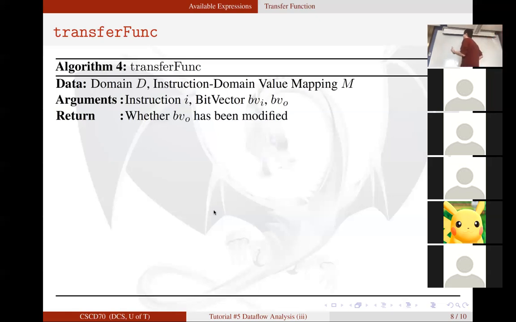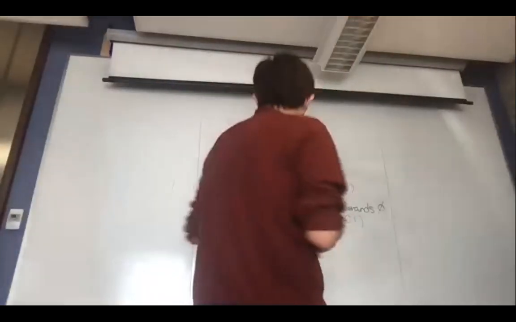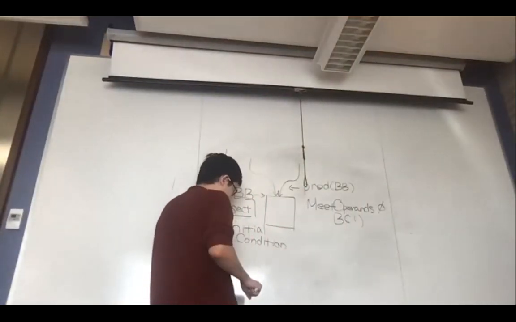Again, as we have described, in a bit vector, each bit is used to denote whether an expression is available at a certain point. So how should we go and implement this method? Let me return back to the blackboard.